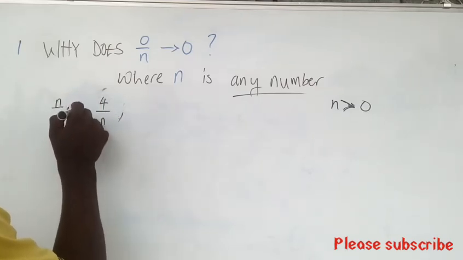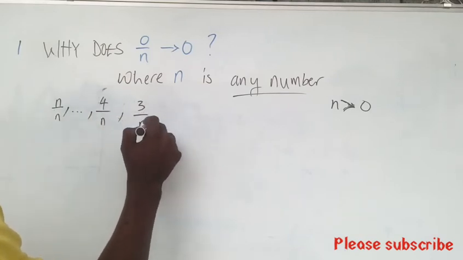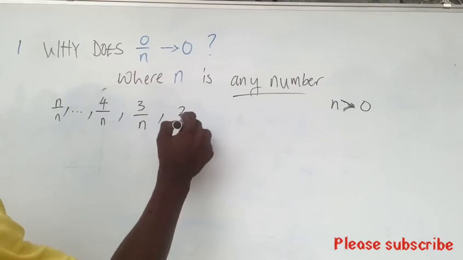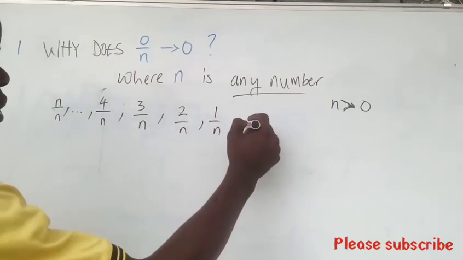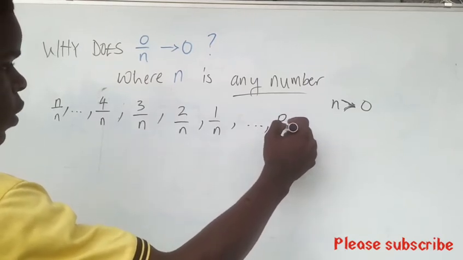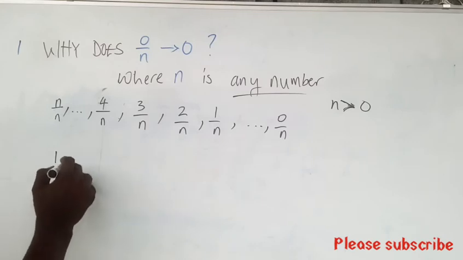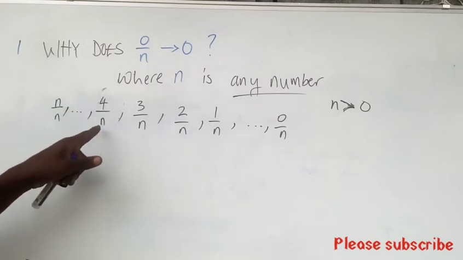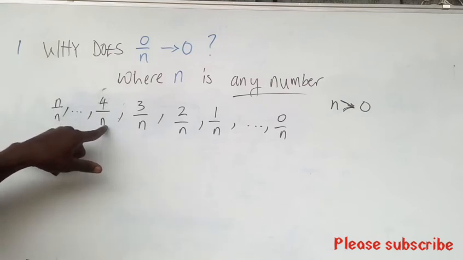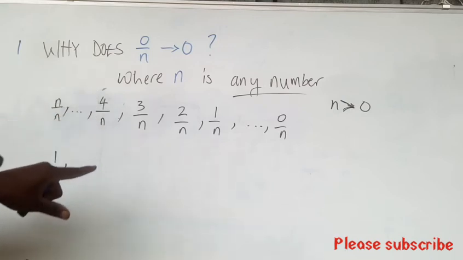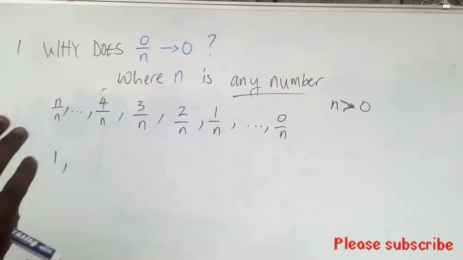We don't know what n really is, so we just use it. 3 over n, 2 over n, 1 over n, 0 over n. Now n over n will be 1. Take note, if n is greater than 4, then 4 divided by n is a proper fraction.